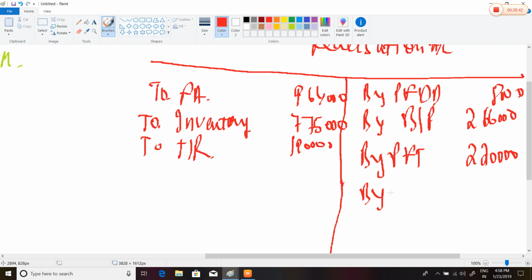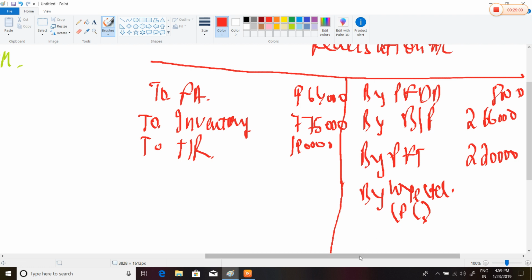By Y Limited. What is this? Y Limited purchase consideration. We have to write here purchase consideration is to be transferred to realization account.